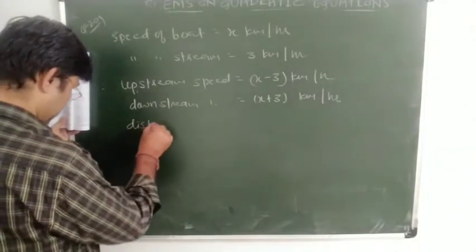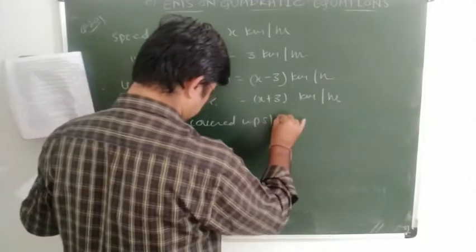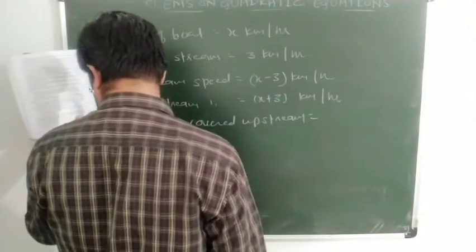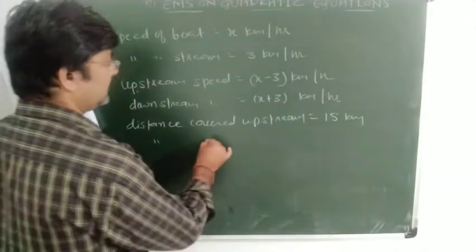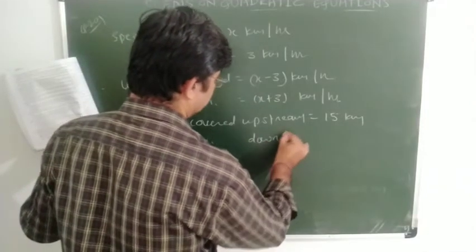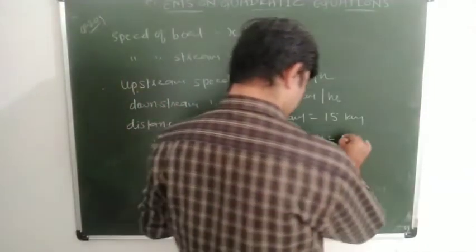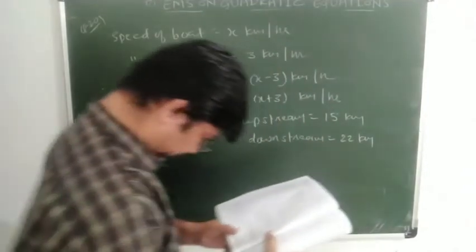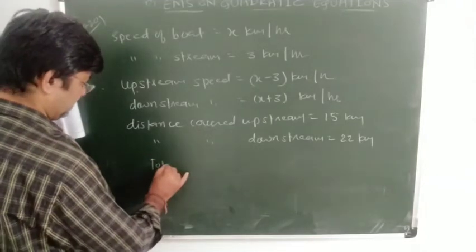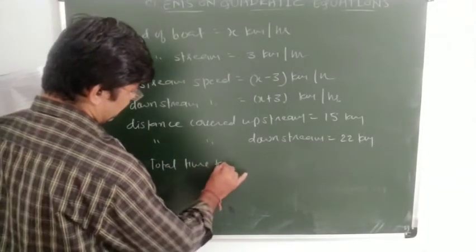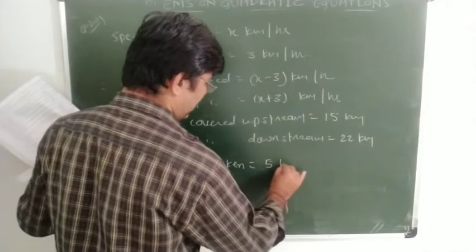So distance covered upstream is 15 kilometer, and distance covered downstream is 22 kilometers. Total time taken to cover upstream and downstream distance together is 5 hours.